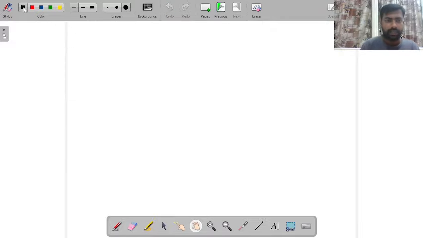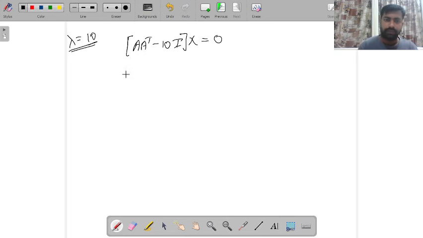Next, let us find the eigenvector for lambda equal to 10. So we need to solve this equation, that is A into A transpose minus 10 times the identity multiplied with x equal to 0. You can easily see what it is. 11 minus 10, that is 1, 1, 1, 11 minus 10, 1. This multiplied with x, y equal to 0.